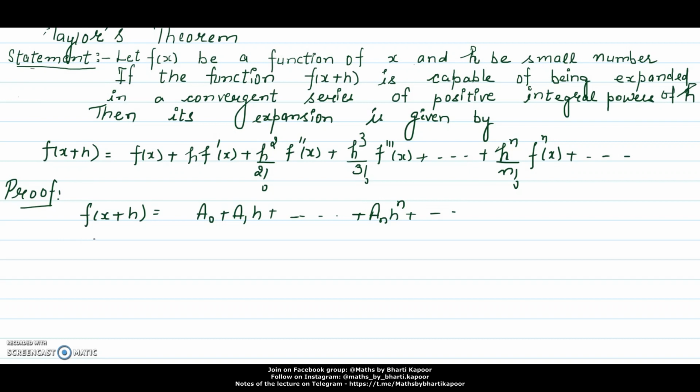That means we have expanded f(x+h) in the positive integral powers of h, where a0, a1, an, all a's are functions of x. Let's differentiate this expression both sides with respect to h. Let's mark this by equation number 1.